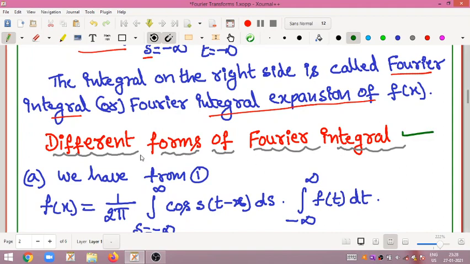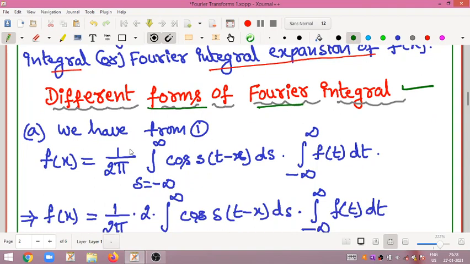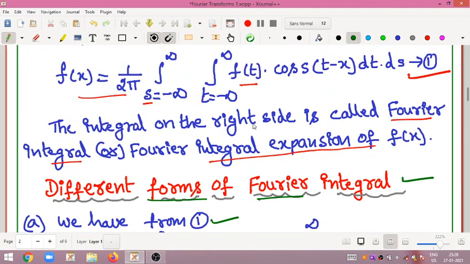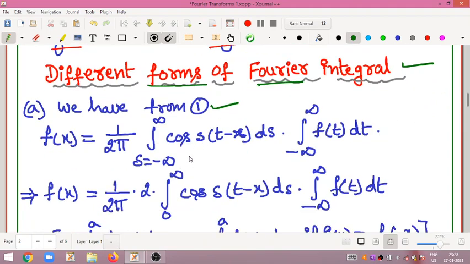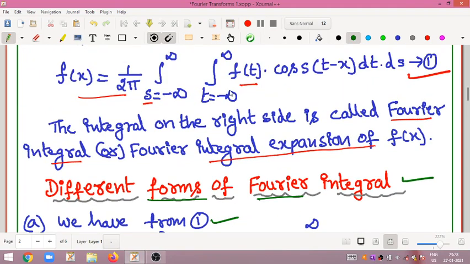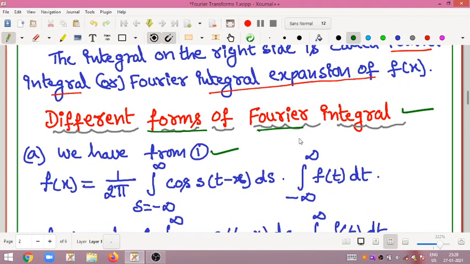Different forms of Fourier integral. In these forms, the first one is from equation 1, which we just discussed: f of x is equal to 1 by 2 pi into the integral s from minus infinity to plus infinity, and another integral t from minus infinity to plus infinity of f of t into cos s of t minus x dt ds.